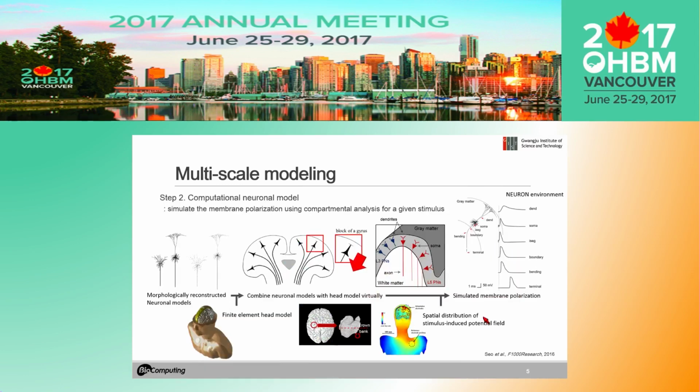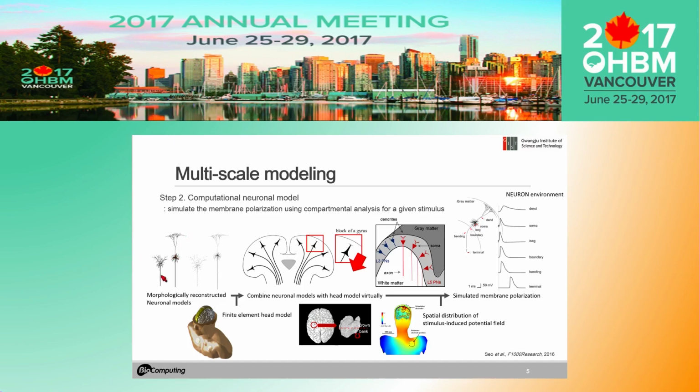The next step is modeling the membrane polarization using compartmental analysis. For this, we adopted an established model of morphologically reconstructed cortical neurons. Especially, we constructed layer 3 and layer 5 pyramidal neurons, since pyramidal neurons are known to be the primary activators of the corticospinal tract and may provide the main input to the direct pathway.